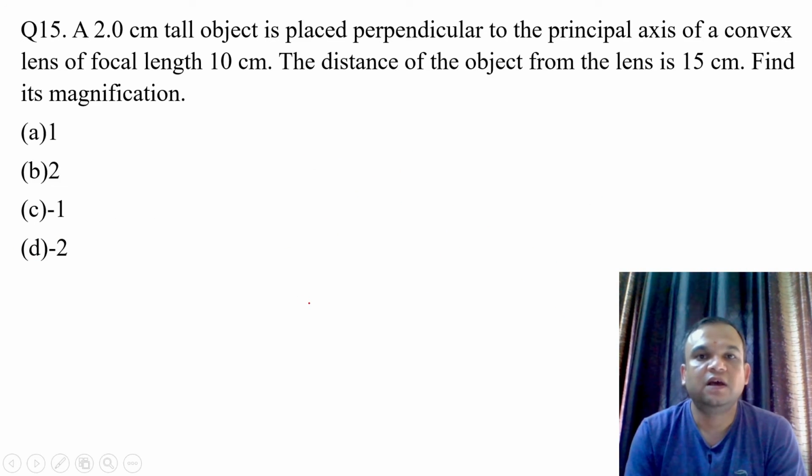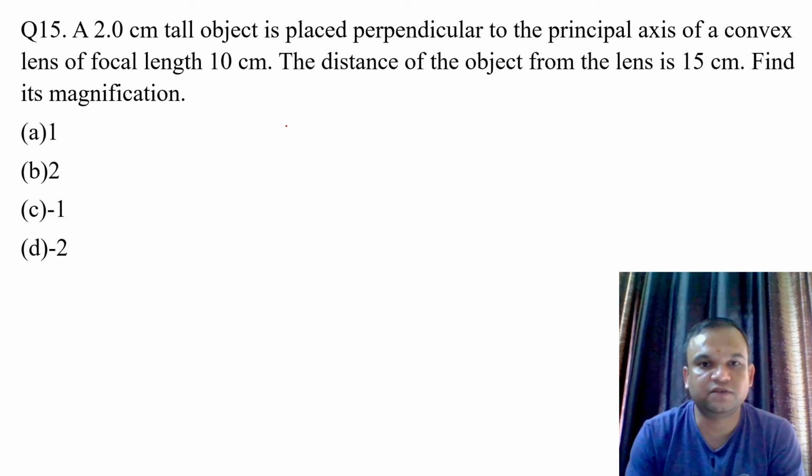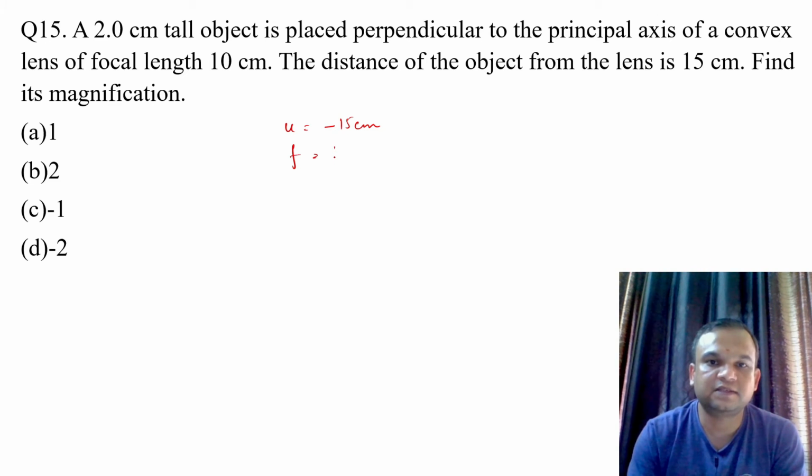Next question says, a 2 cm tall object is placed perpendicular to the principal axis of a convex lens of focal length 10 cm. The distance of the object from the lens is 15 cm. Find its magnification. Students, according to the question, we know that u, that is the object distance, is minus 15 cm. The focal length for a convex lens is always positive, that is 10 cm.